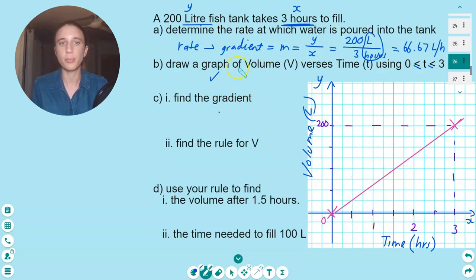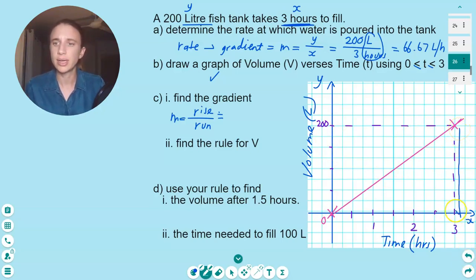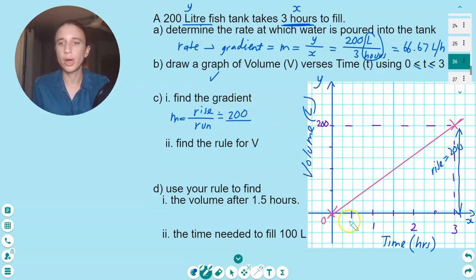So if we want to do it from the graph, m equals rise over run. And the rise is 200 units. Remember dropping a right angle triangle? There's another video on gradient. So the rise is 200 over the run, running along the ground.